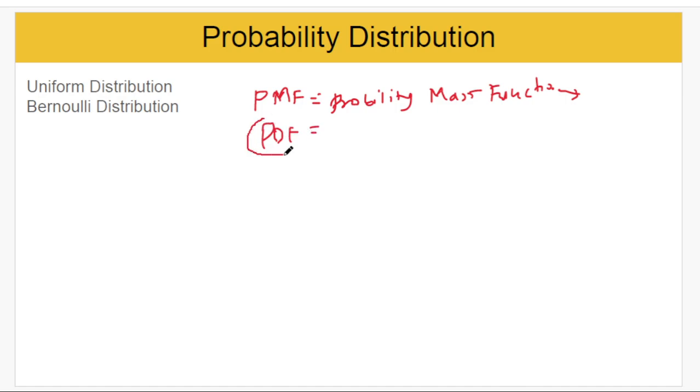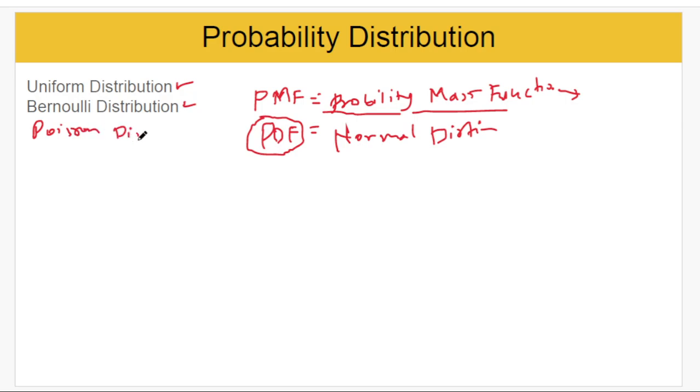Here we will not see this because it requires you to know some calculus. So integral calculus you will need, how to integrate, and in general we are not using that much also. We will only see one of the most important and most celebrated continuous distributions, which is the normal distribution, that we will see later on. But next session we will see some discrete distributions, mainly uniform, Bernoulli, and if we get time, we will see the Poisson distribution also.